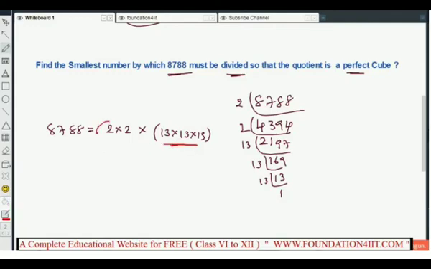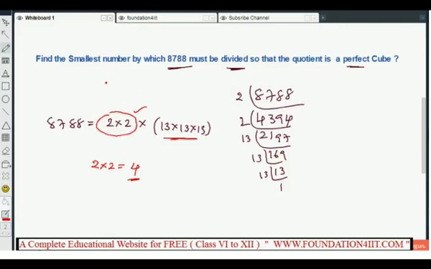Now this is extra, which is extra, that if we divide, then it becomes a perfect cube. So clearly, to make it a perfect cube, it must be divided by 2 into 2, that is equal to 4. If you divide with this 4, then the quotient is nothing but 13 into 13 into 13. That is obviously 2197.